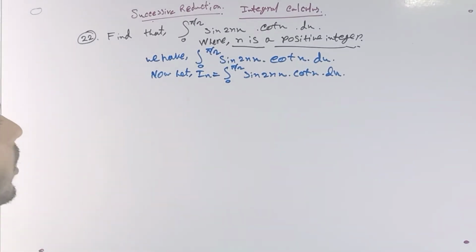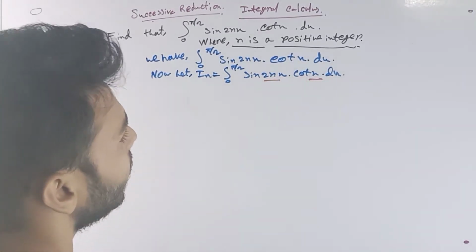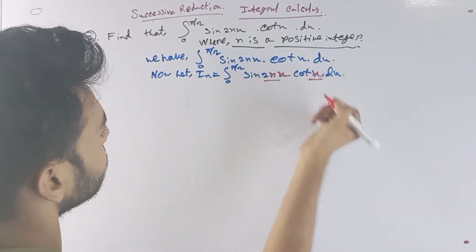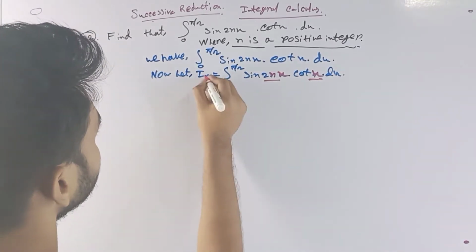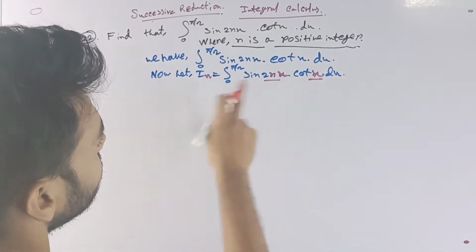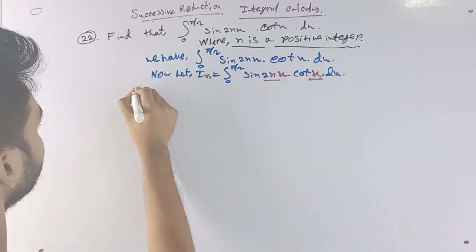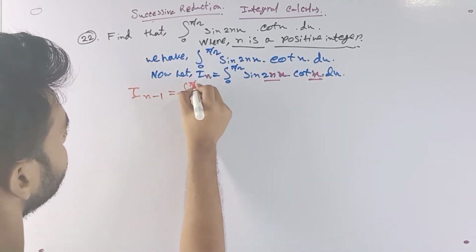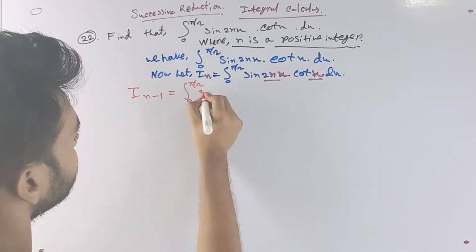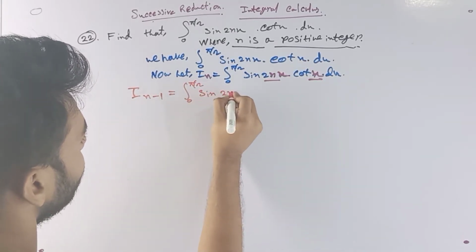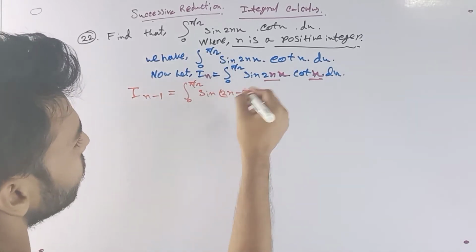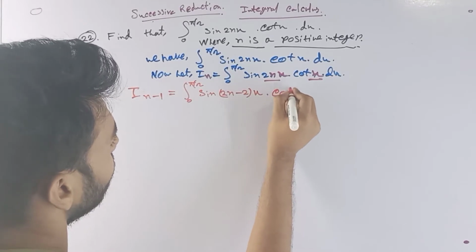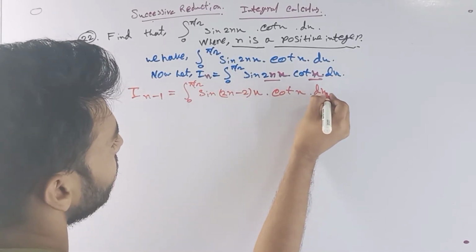Now let I_(n-1) equal the integral from 0 to pi by 2 of sine of 2(n-1)x times cot x dx.